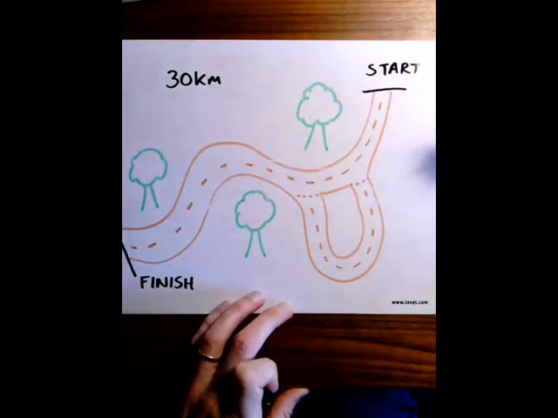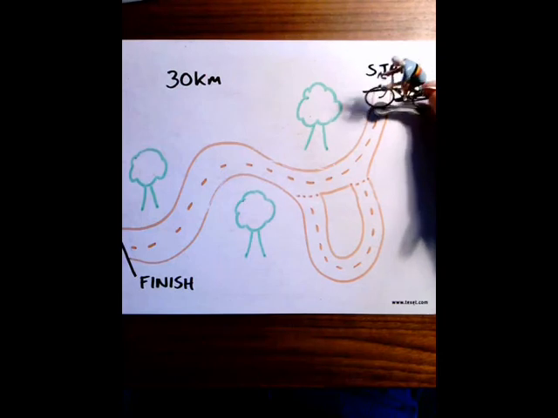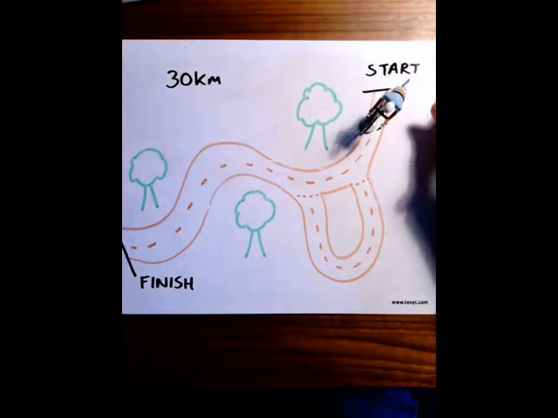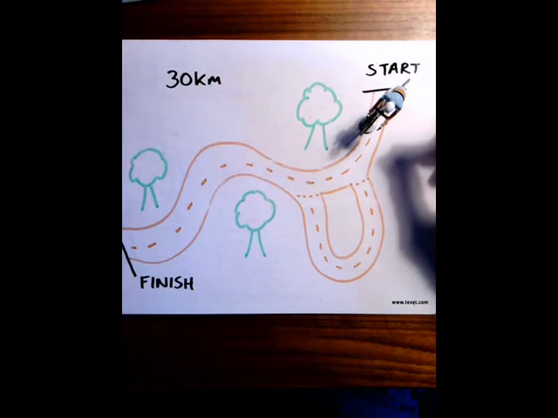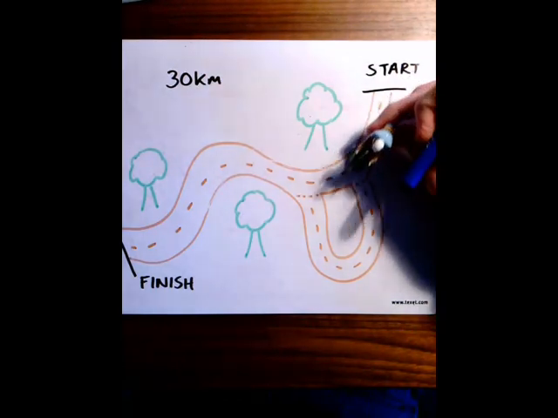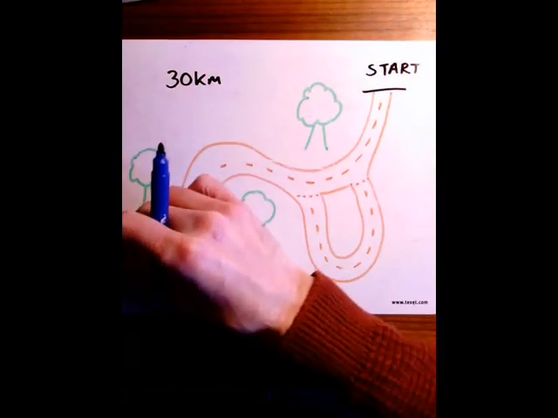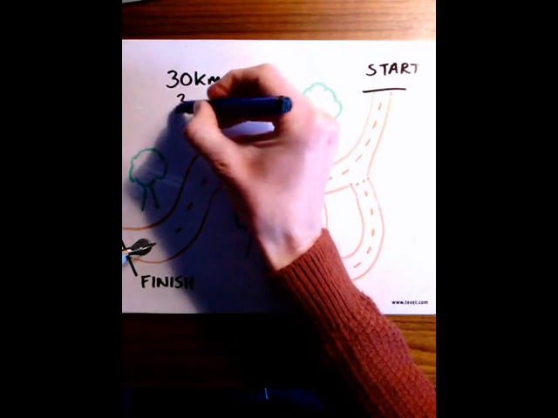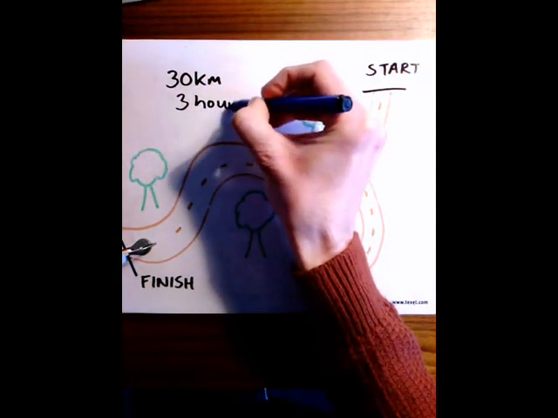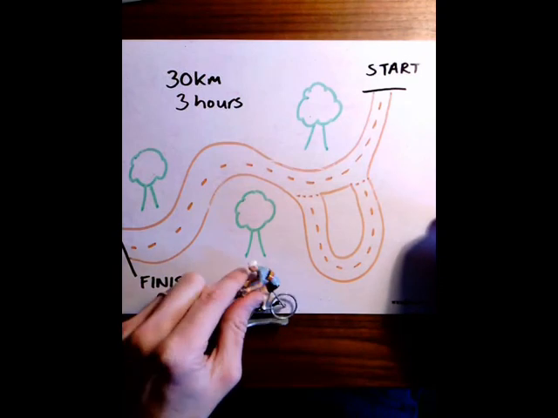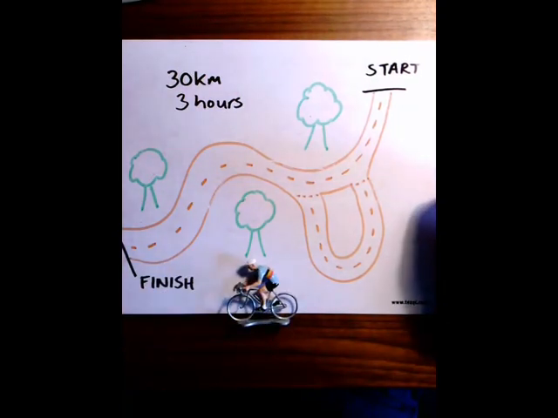So he's going to cycle at an average speed. He's going to try and stay constant, and not speed up and slow down. He goes along this route, 30 kilometres, getting to the finish, and that takes him 3 hours. So he gets to the end and he wants to think about, well, what was my average speed for that journey?